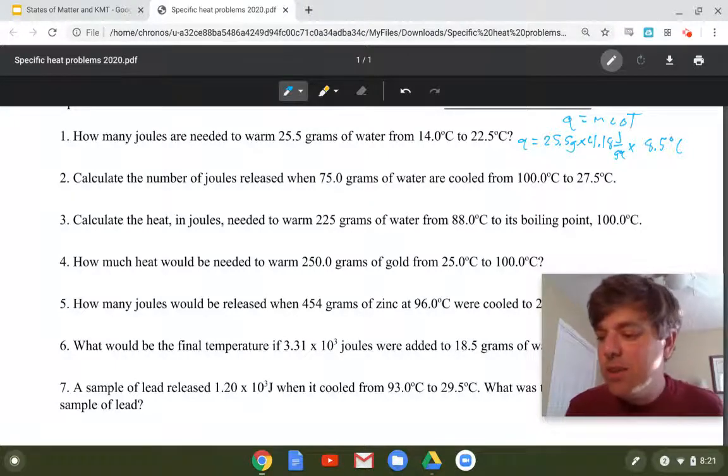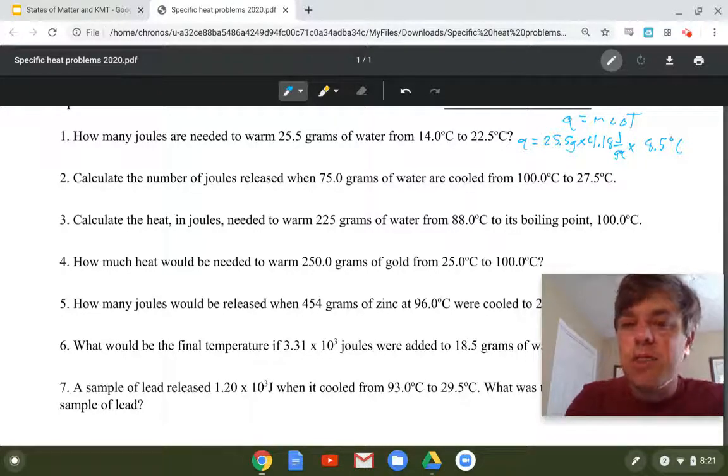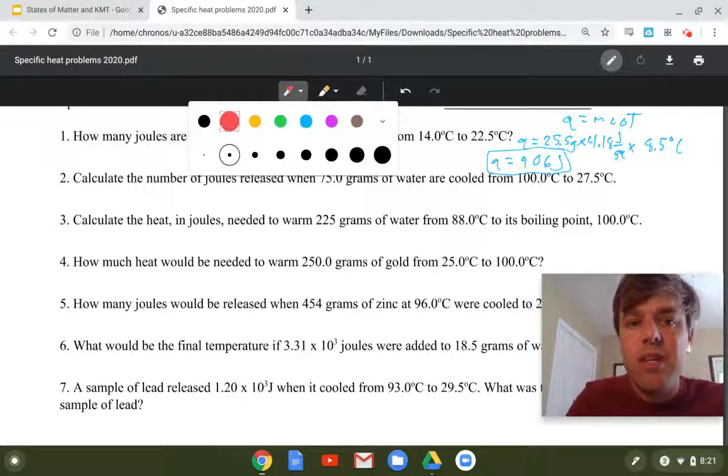But now we just need to take our trusty calculator, and we'll take 25.5 times 4.18 times 8.5. And I'm coming up with the answer of 906 joules. And the reason we have these weird units is I'll show you how these cancel out.